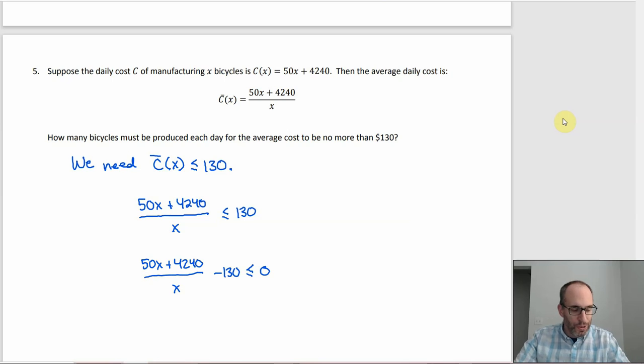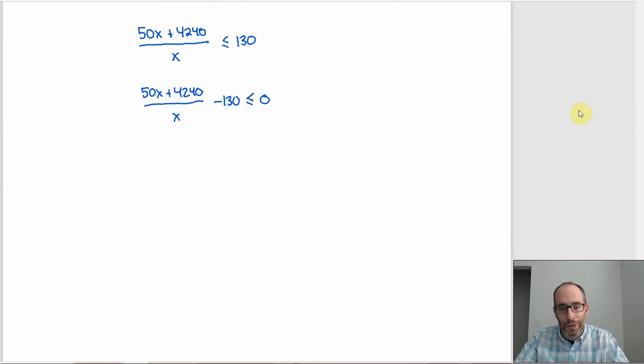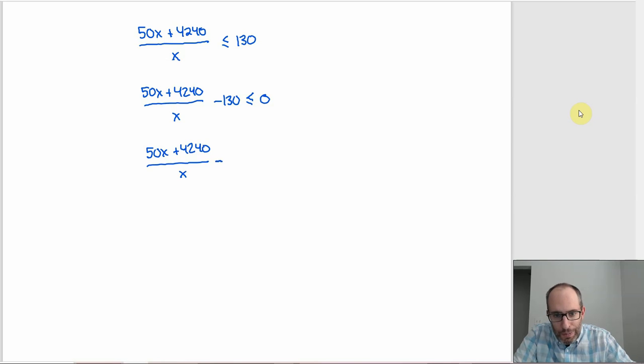But then in order to combine numerators, you're going to need a denominator of x where that 130 is, right? That's going to be your least common denominator. So if you multiply 130 by x over x, you'd end up with 50x plus 4240 over x minus 130 times x over x, and that's less than or equal to 0.